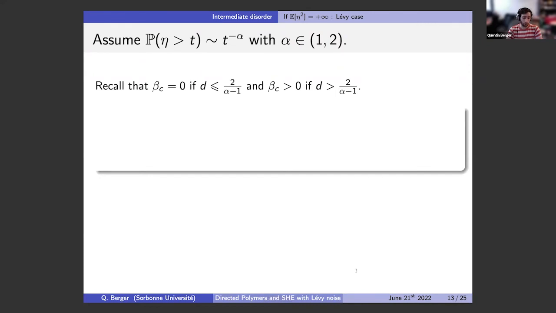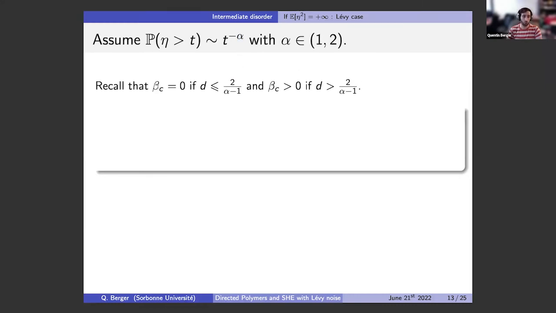Okay, so now I'm arriving to the first result I proved with Hubert Lacoin, in the case where you don't have a finite second moment, so you have an infinite second moment. Recall the assumption I made before, that the tail of the random variable eta decays as a power t to the minus alpha, with alpha between 1 and 2.